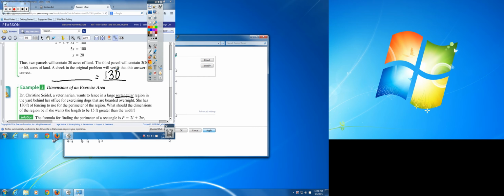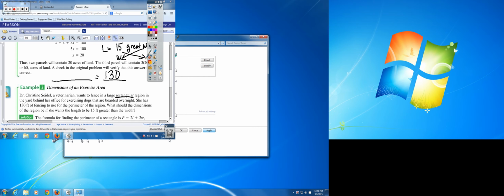So half the problem's done. But it says, what should the dimensions be of the region if she wants the length to be 15 feet greater than the width.